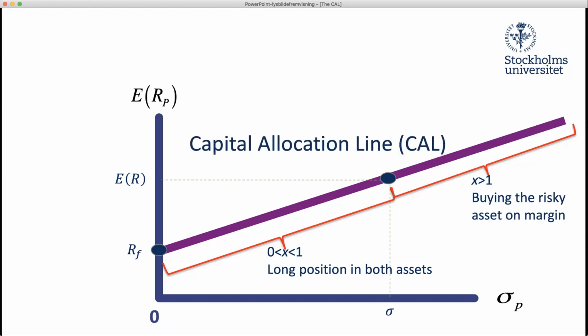The line is known as the capital allocation line of the risky asset. Its inclination depends on this ratio, a ratio which has in its numerator the expected return of the risky asset in excess of the interest rate, and in its denominator the standard deviation of the risky asset. The larger this ratio, the steeper will be the capital allocation line of the risky asset.